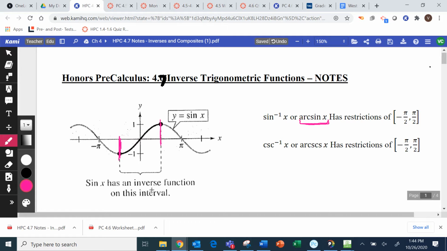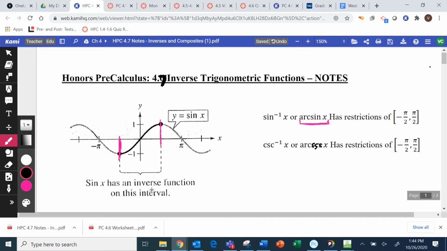And then for cosecant, it's the exact same rules. These are just reciprocals of each other. But cosecant would be arc, and then I spelled it wrong. Good old typos. So arc cosecant. I mixed up the s's and the c's. Arc cosecant. It has the same restrictions as sine.